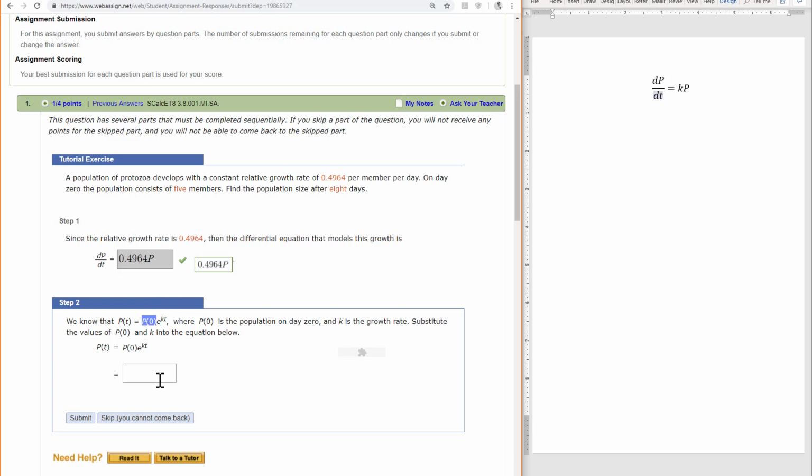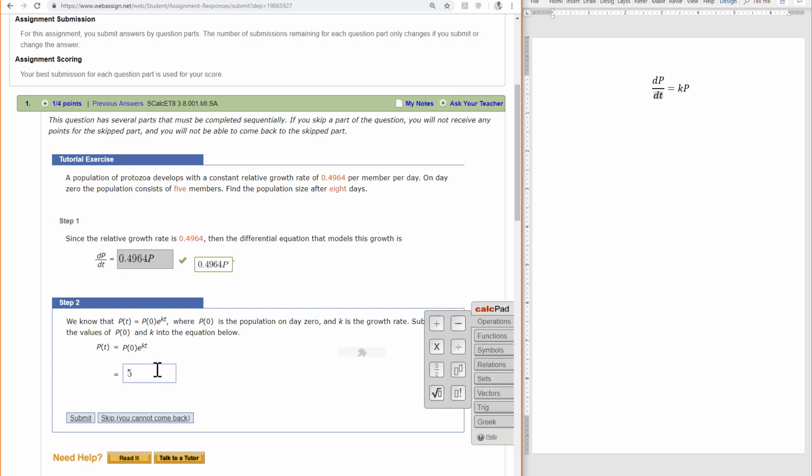We know that P of t is equal to P sub 0 e to the kt, where P sub 0 is the population at day 0 and k is the growth rate. Substitute P of 0 and k into the equation. So we have the growth rate here already, and that's going to be our k, and our P sub 0 will end up being the original number of members on day 0, so that's going to be 5.